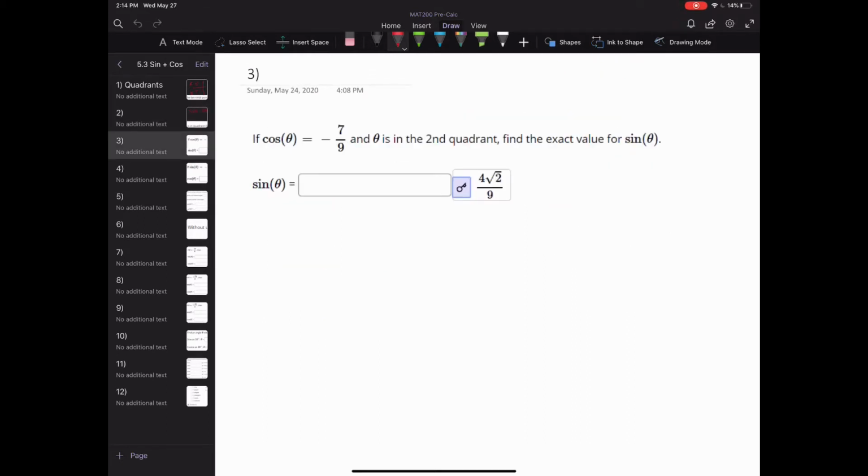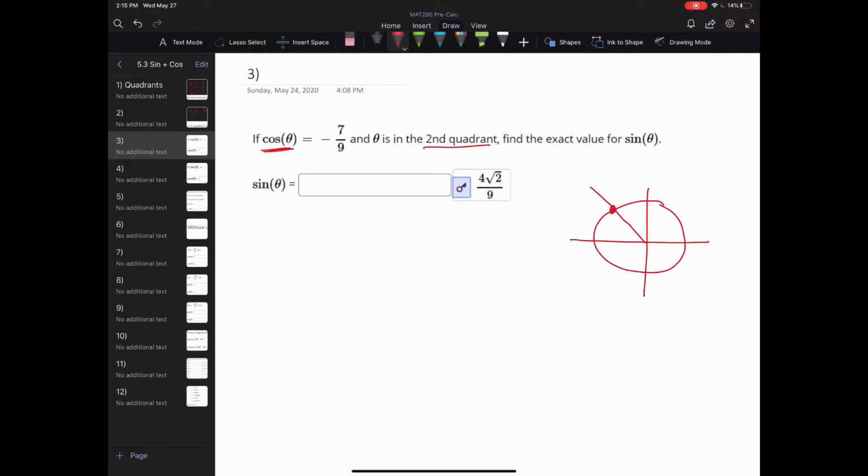Cosine of theta is -7/9, and theta is in the second quadrant. Find the exact value for sine of theta. Okay, so basically they're saying if you have a unit circle, second quadrant, let's just draw that line, this point.